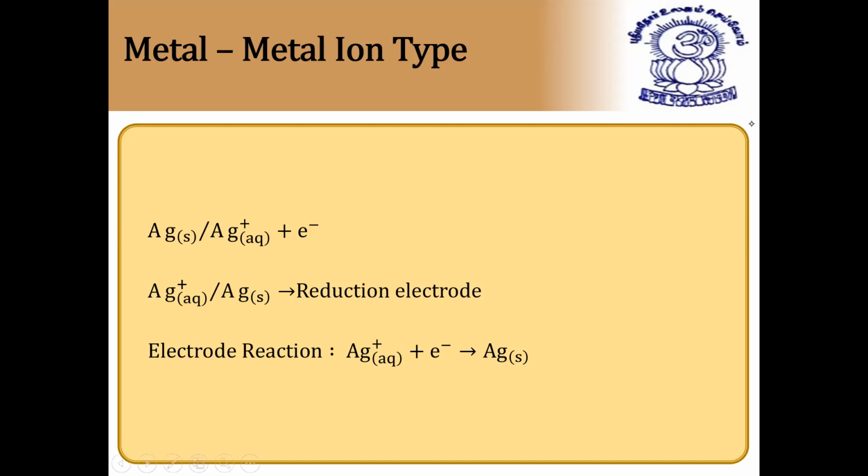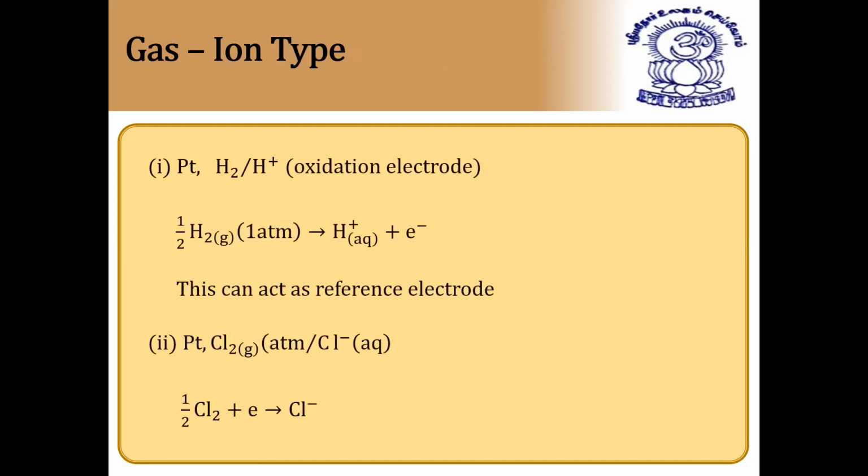Next, gas ion type. Here is a very important point you have to note down. Whenever you are writing hydrogen gas, we have to use an inert element, that is platinum, because hydrogen gets absorbed on the platinum surface.